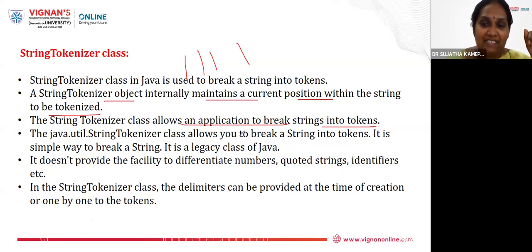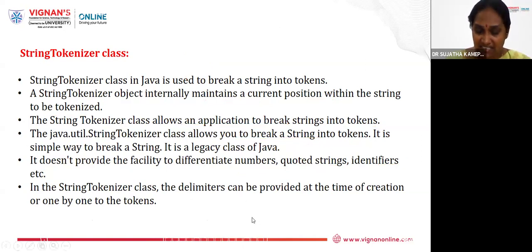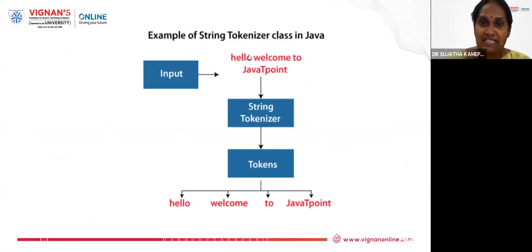While it is broken into different tokens, it considers numbers, quotation marks, identifiers, delimiters, etc. Delimiters such as comma, full stop, like that. All those things can be considered when it is tokenizing the string. Now here you can see an example. Here I have the input: hello, welcome to Java T point. Now I want to implement the StringTokenizer class on that.